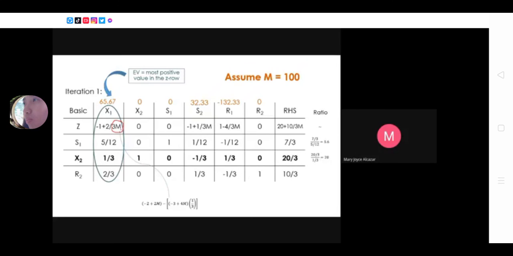For X2, that is 20/3 divided by 1/3. So that is 20. And then 10/3 over 2/3 for R2. So that is 5. And the least positive ratio is 5. So R2 is our leaving variable. So after, perform the Gauss-Jordan computations on your own and then proceed to iteration 2.